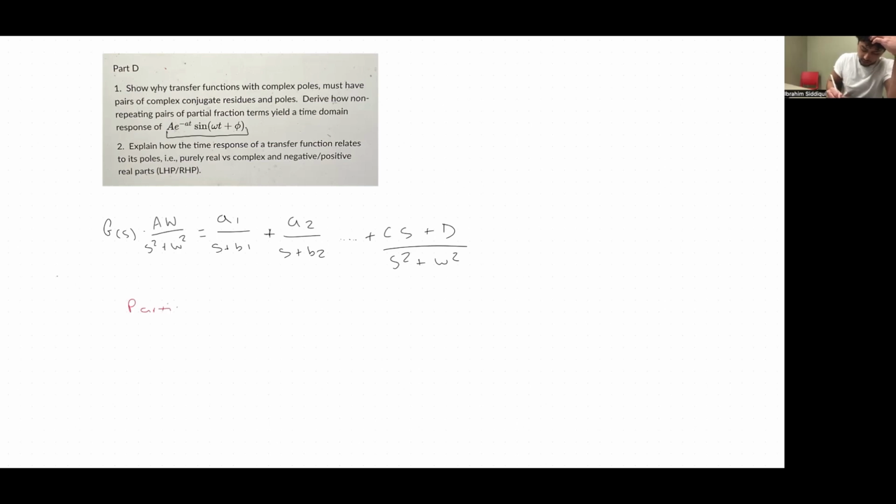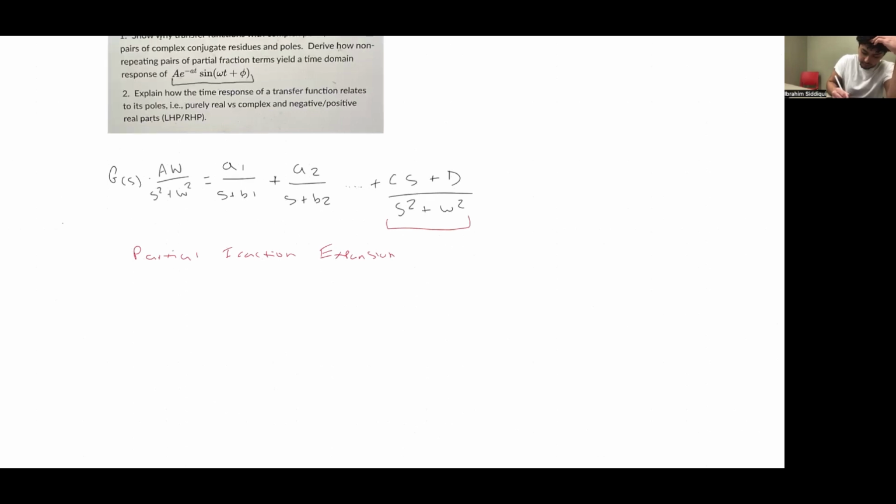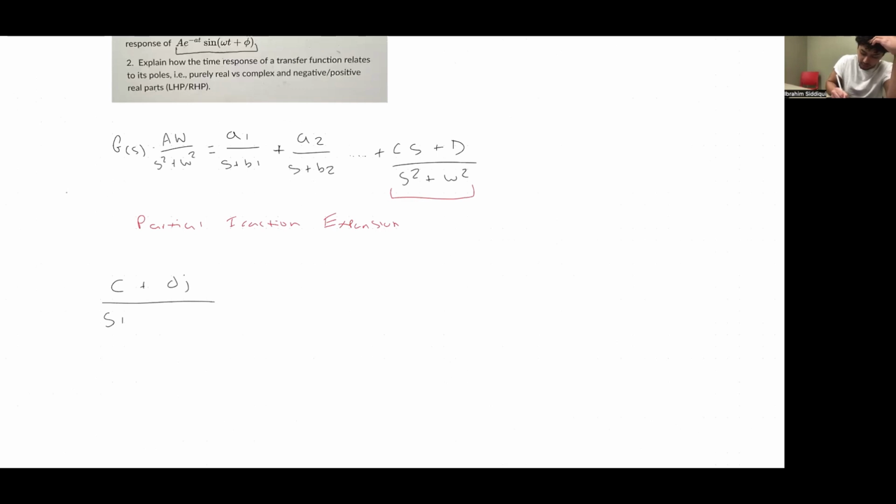Okay. So essentially what we want to do now is set up a partial fraction expansion here, and we want to do it for this term right here. So when we do that, what we get is C plus Dj, which is our complex number that we introduced before, C plus Dj over s plus (a plus bj).